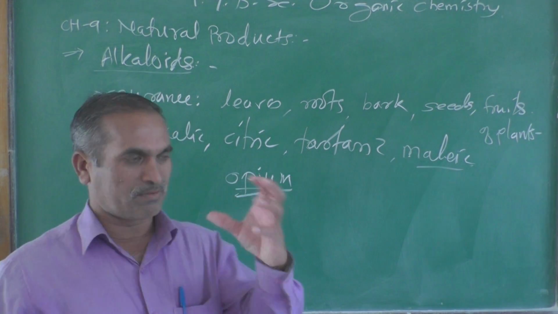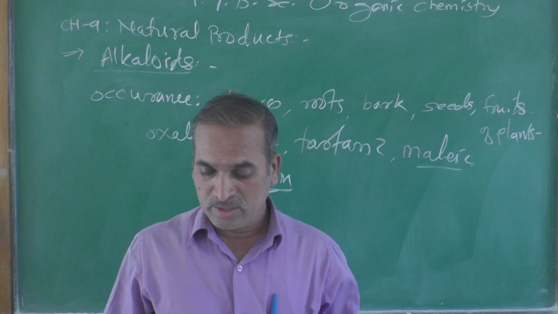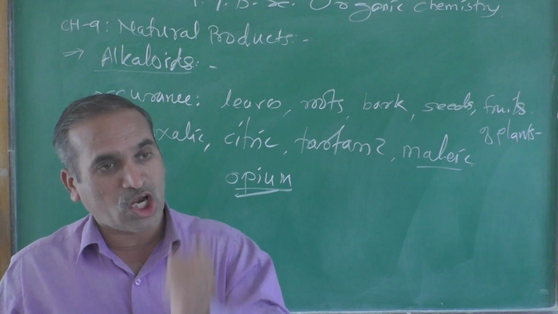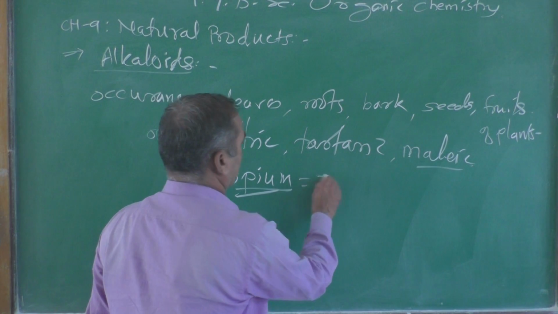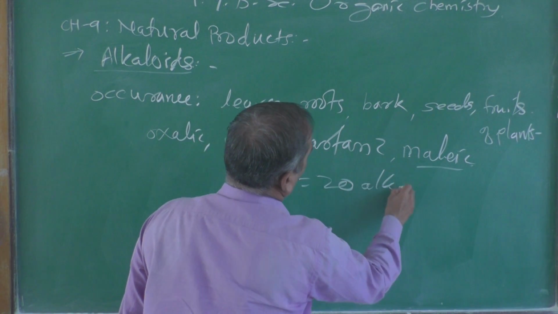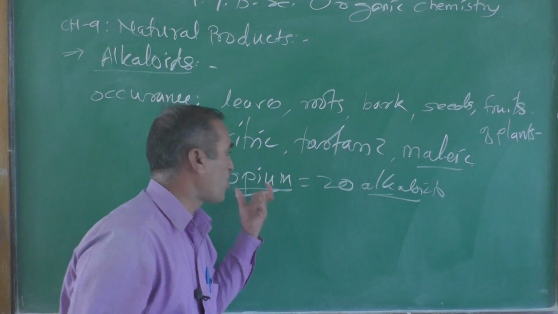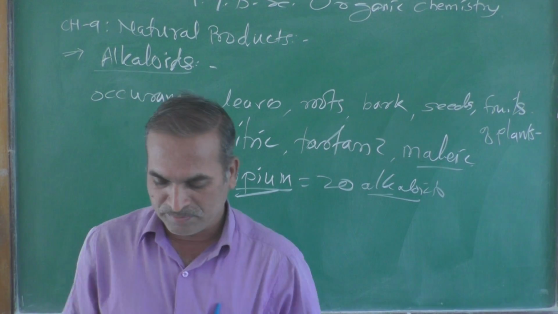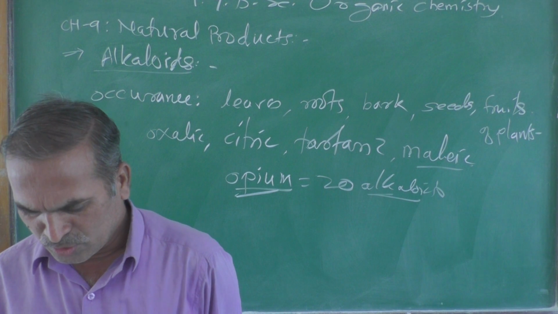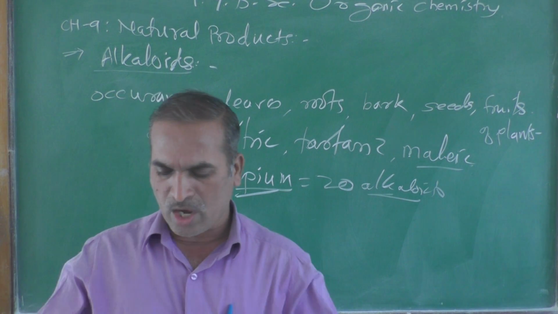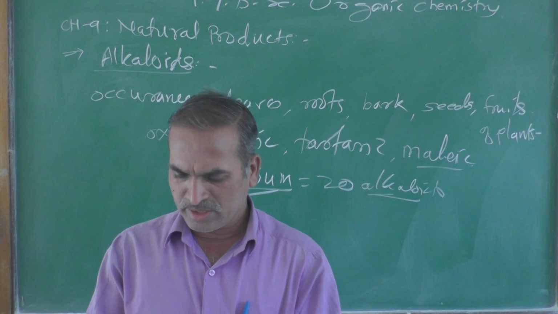Osmium is one of the plants where nearly 20 alkaloids are present. Usually more than one alkaloid occurs together in one plant.